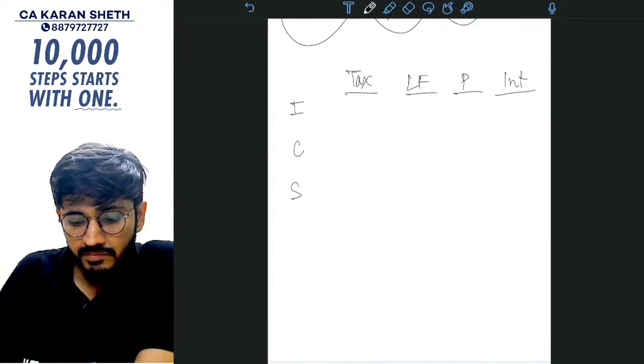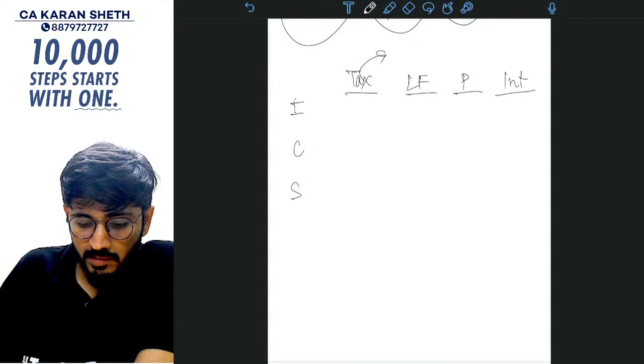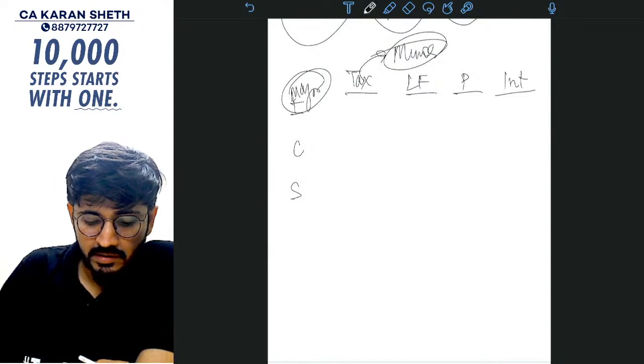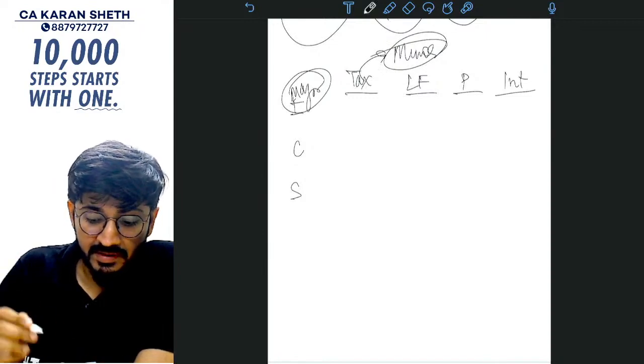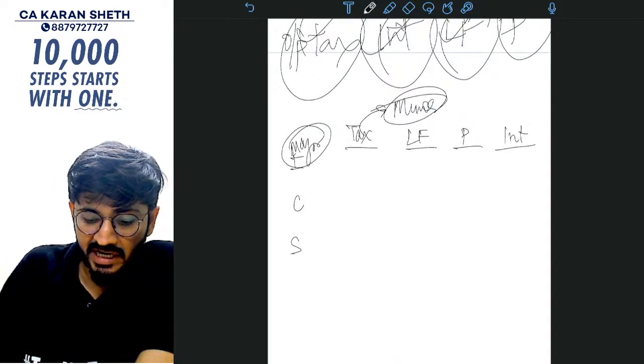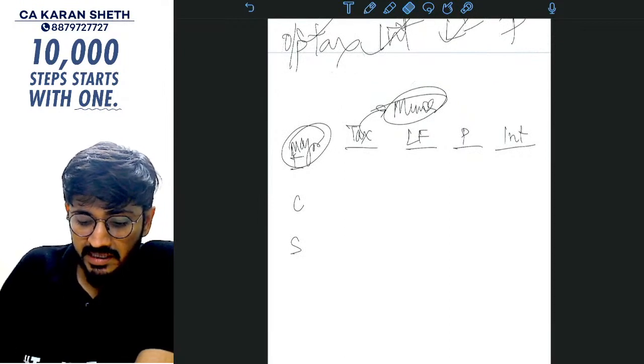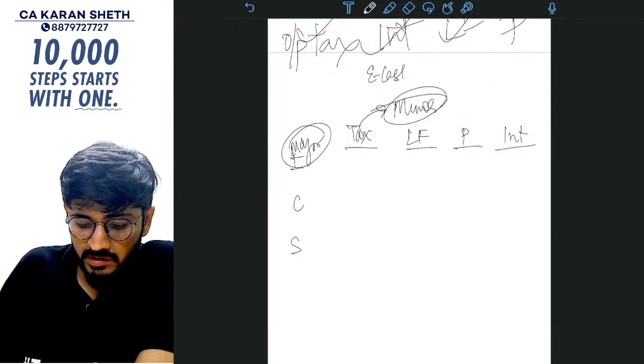Okay, so these are all major heads and these are all minor heads. So initially, and this is a picturization of whose? E-cash ledger.